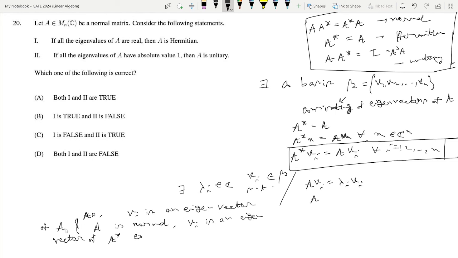Sorry, Vi is an eigenvector of A corresponding to the eigenvalue lambda i. Then this Vi will also be an eigenvector of A star corresponding to the eigenvalue lambda i bar, the conjugate of lambda i. So this is the standard result. We have to use this result here.